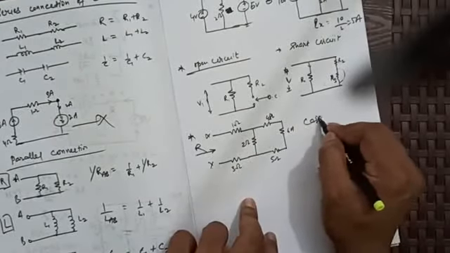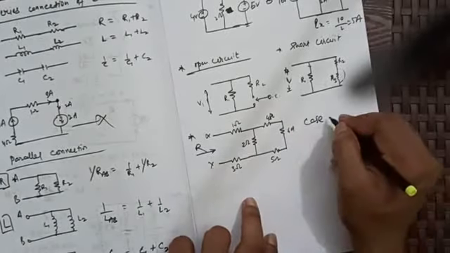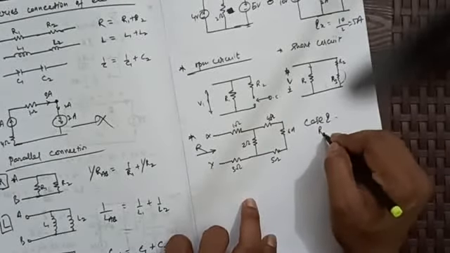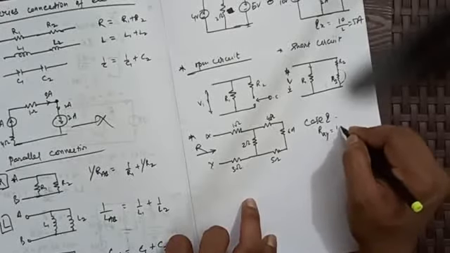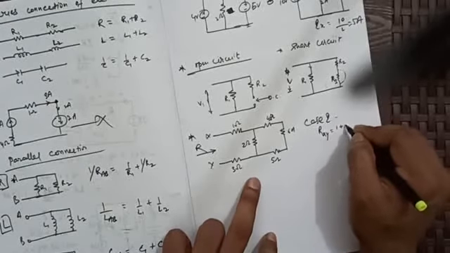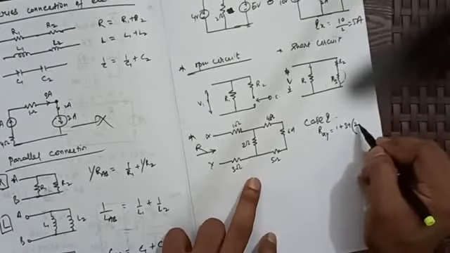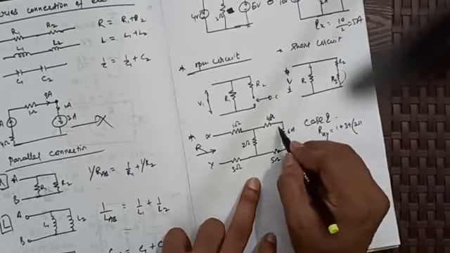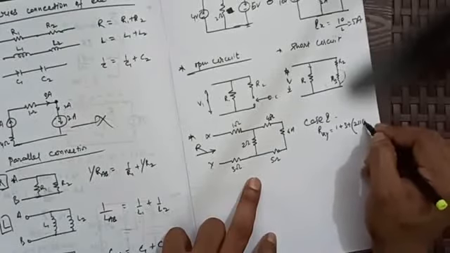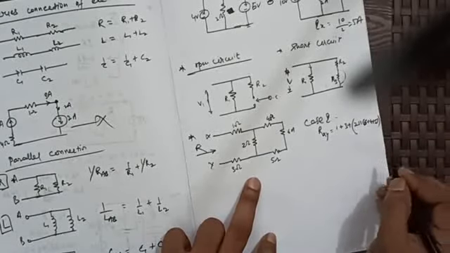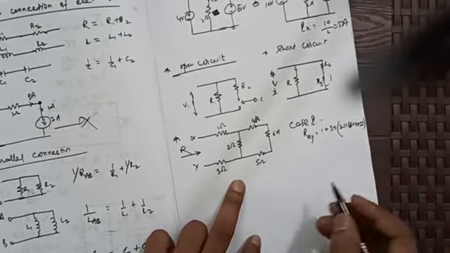But case 1, if the circuit is like this, then RXY is equal to 1 plus 3 plus 2 parallel with 6 plus 4 plus 5, right?